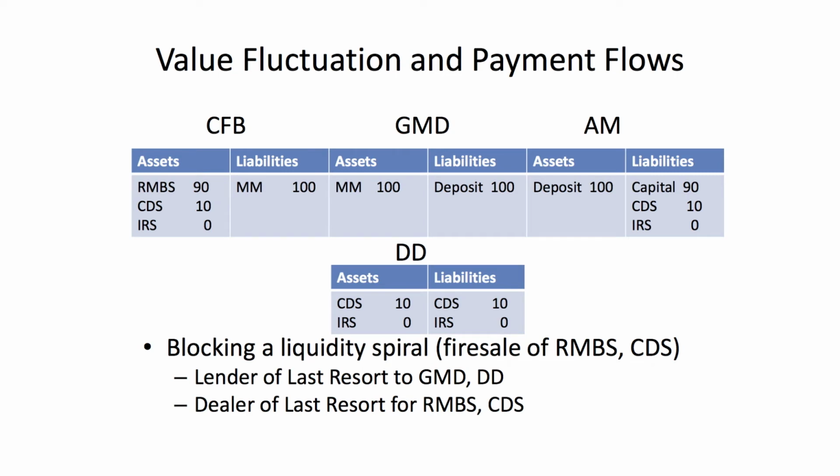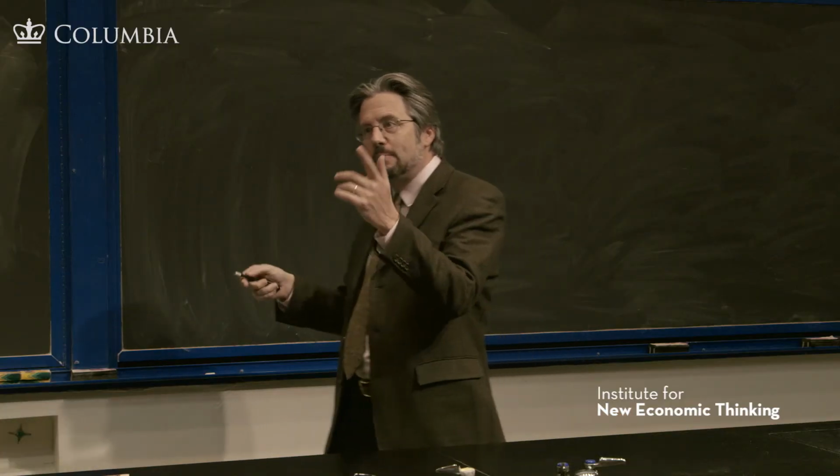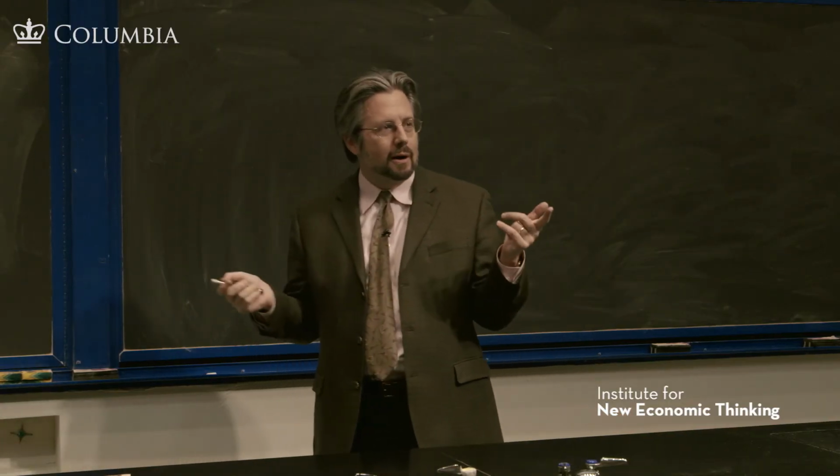This all requires the asset manager to actually make a payment of 10 in order to cancel his CDS losses, a payment to the derivative dealer. That payment then needs to be made to the capital funding bank, which uses that payment to pay off the extra 10 money market funding, so you see, all these payments have to work, okay?